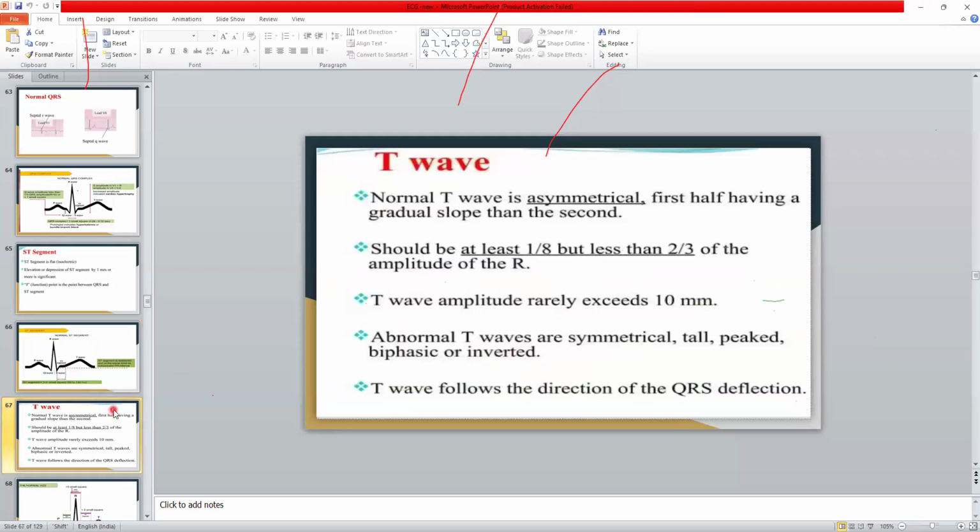Now let us know how the T wave looks. This T wave represents the ventricular repolarization, that is both right and left ventricular repolarization. Normal T wave is always asymmetrical.